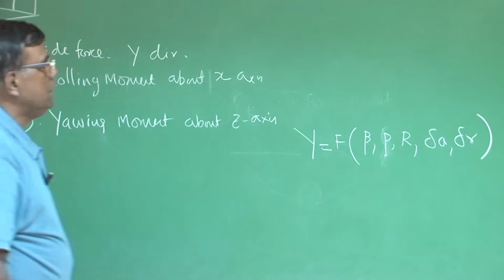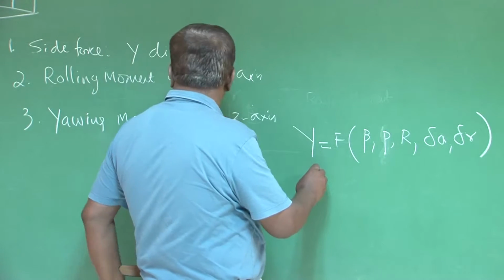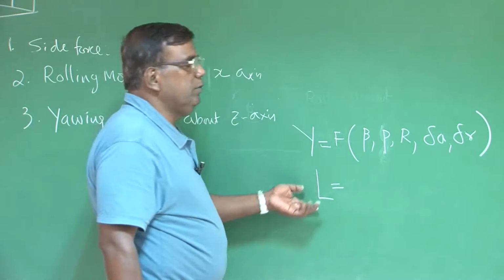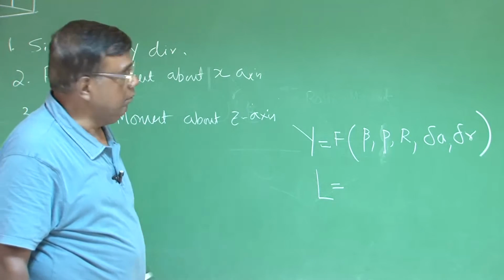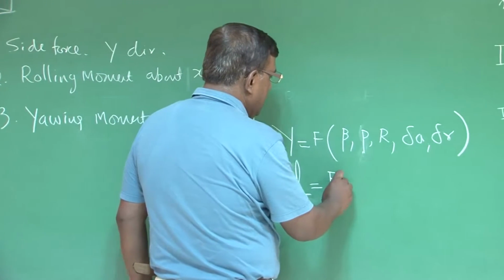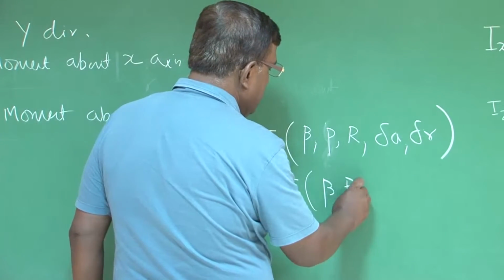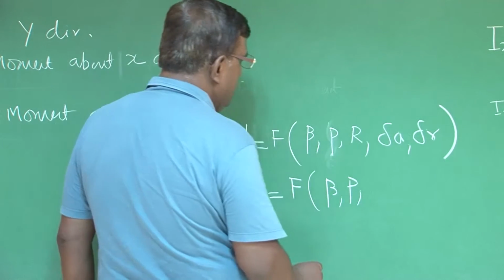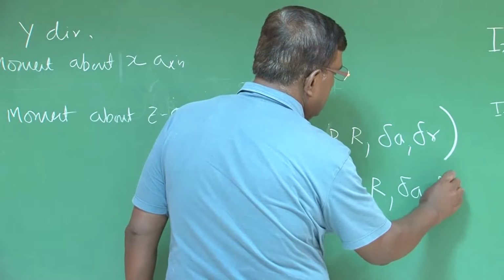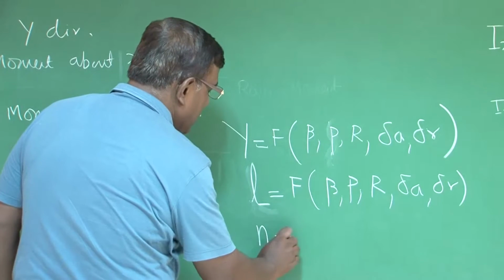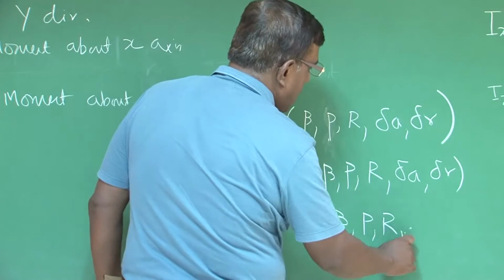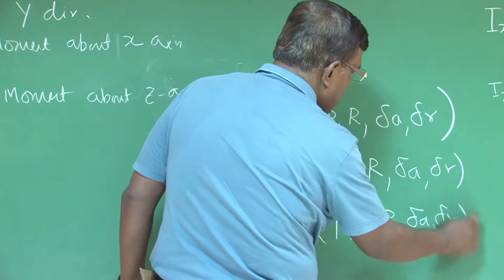Similarly, if we assume this is okay as a good approximation, rolling moment, I say L. Please don't get confused, L is also used as lift, but we are talking about rolling moment. So let me write small l, that will be a function of beta, roll rate P, yaw rate R, aileron deflection, rudder deflection, and yawing moment N, again a function of beta, P, R, delta A, delta R.